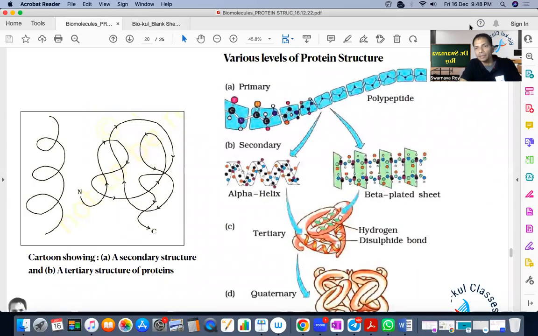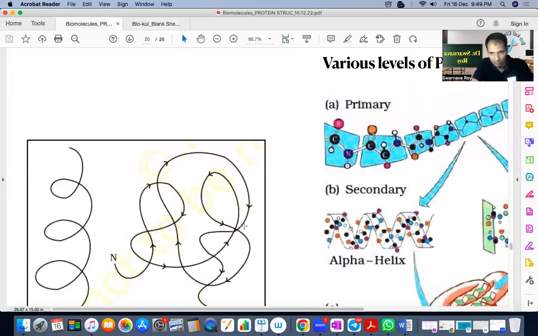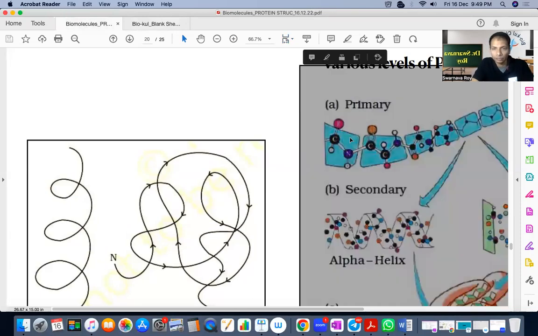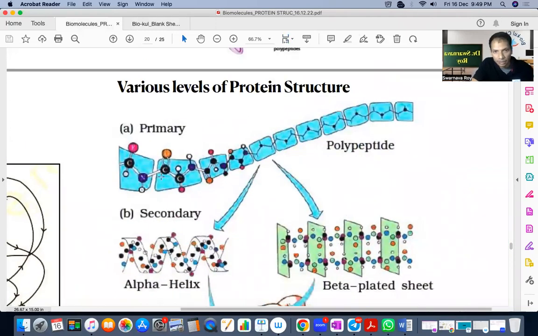So here we can see the primary structure, let me just zoom in. You can see the primary structure is formed of N and CO. This is the peptide bond, again N and the carboxyl group.